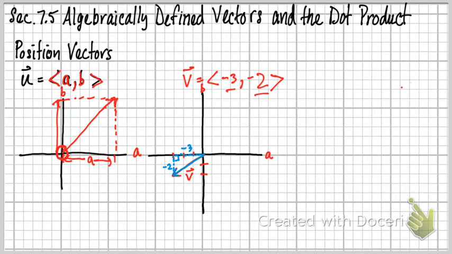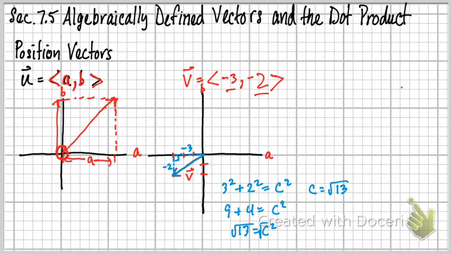I can use the Pythagorean Theorem since this is a right triangle. I take 3 squared plus 2 squared, which is 9 plus 4, and this is c squared, of course, my hypotenuse. So 13 equals c squared, and then c equals the square root of 13.